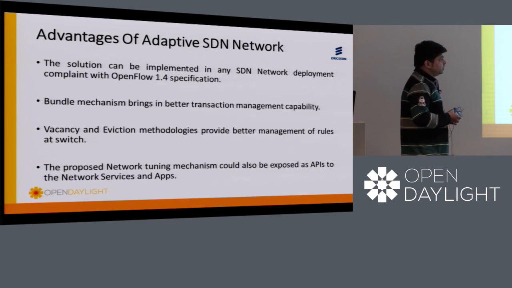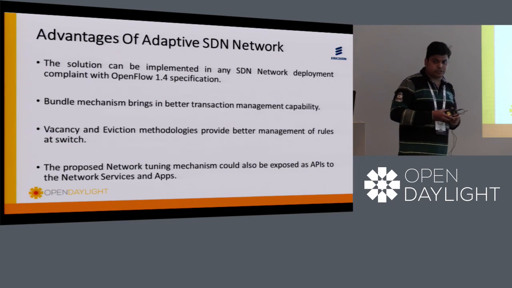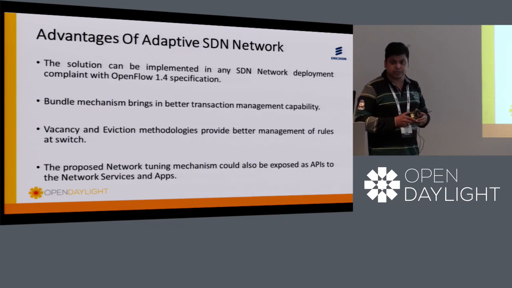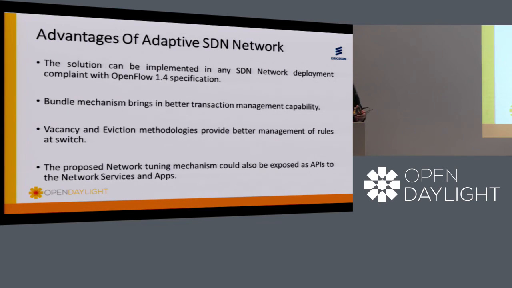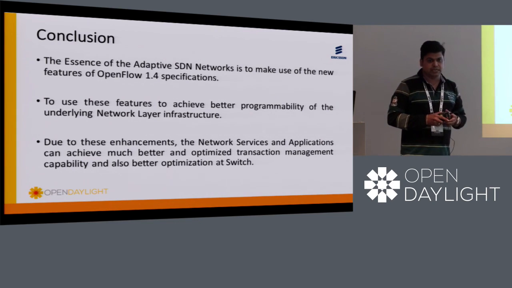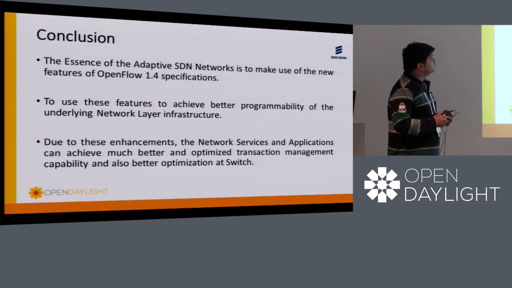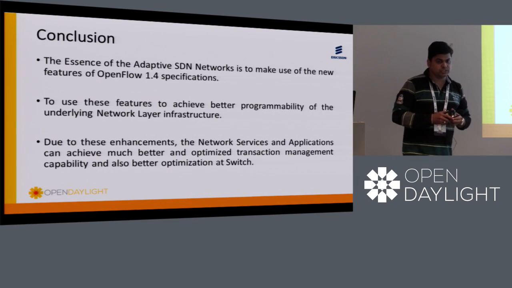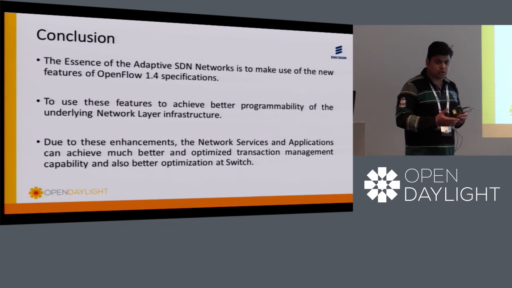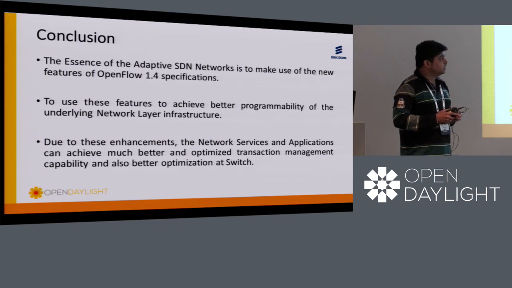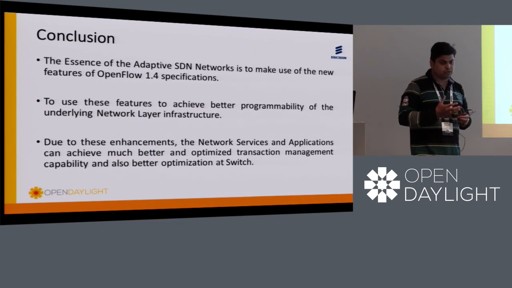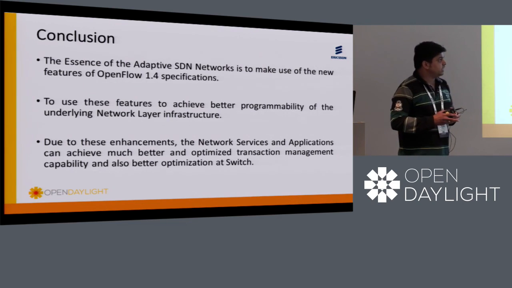Vacancy and eviction methods provide much better notification support and early warning from the switch in a crisis like the table being full. Finally, the essence, the basic idea behind this proposal, is to make use of the new, cooler features of the 1.4 specification and make the underlying layer talk to the controller layer more rigorously, so that the important flows don't have to wait in situations of table full.